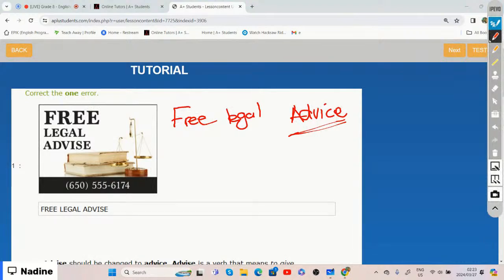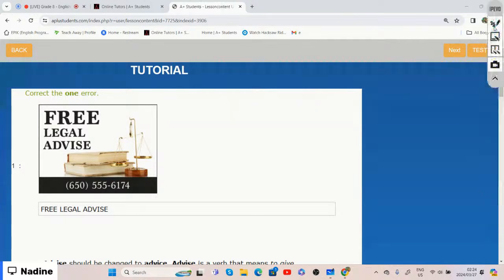But advice is where I am giving you the advice. It's not somebody else advising you, because advice is to give. So free legal advice with a C, not with an S.